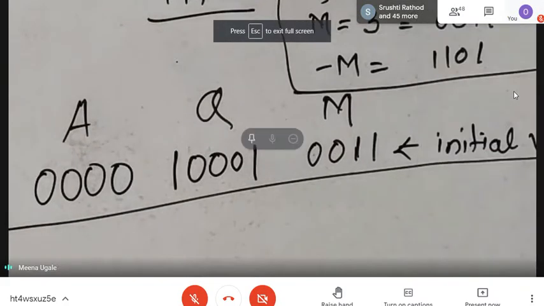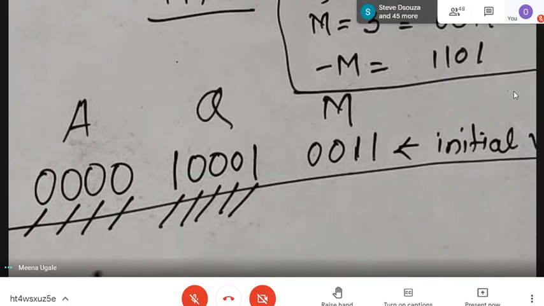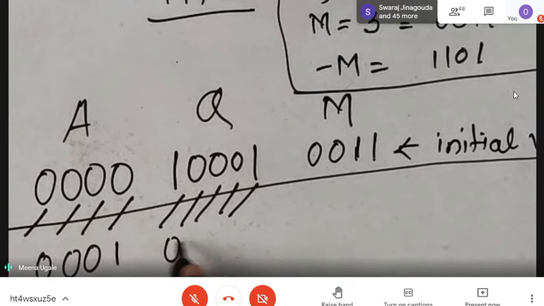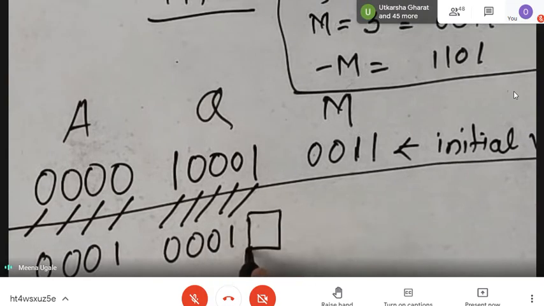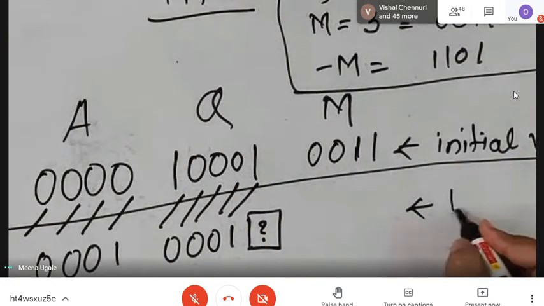Now you are going to shift everything to the left side. So what you will get is 0, 0, 0, 1, 0, 0, 0, 1, and then a question mark. This is your left shift.